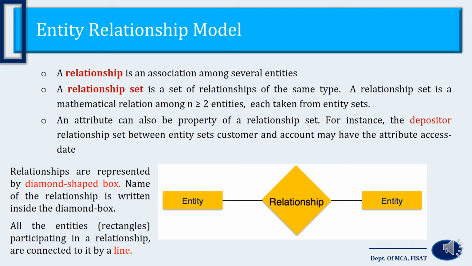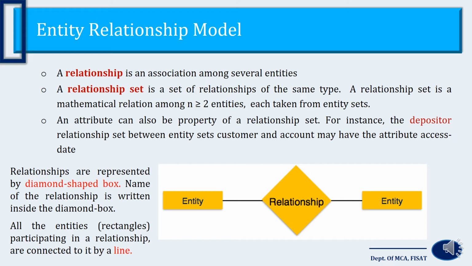So relationships are represented by a diamond shaped box. The name of the relationship, depositor, is written inside the diamond box. The entities participating in the relationship are connected to it by means of a line. Okay, so the customer and the account are associated together by means of a relationship named depositor. Okay, an attribute can also be a property of a relationship set.